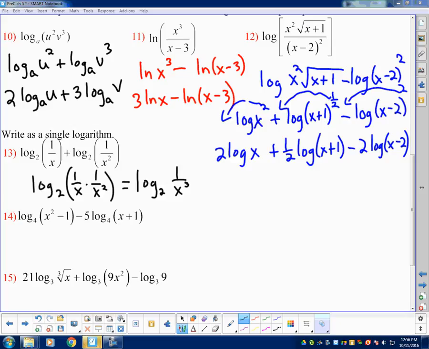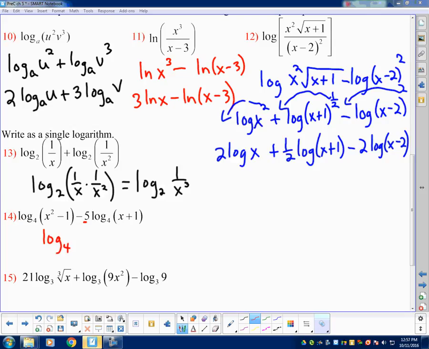Number 14 has a subtraction sign in between the two. I also can see here we have a 5 out in front. So there's a couple things happening here. If I rewrite this, it's log base 4, so that's my single logarithm.